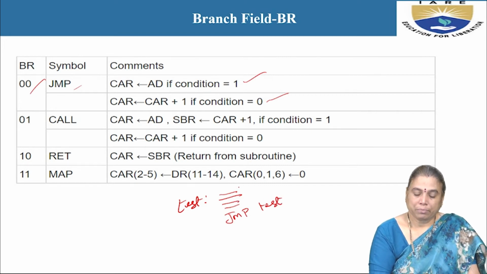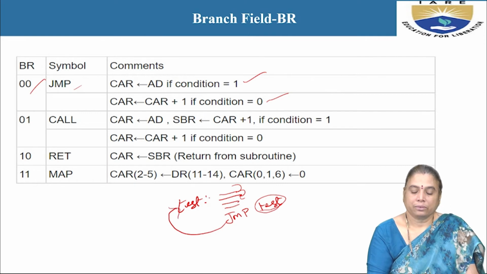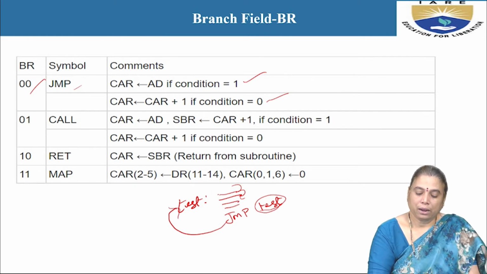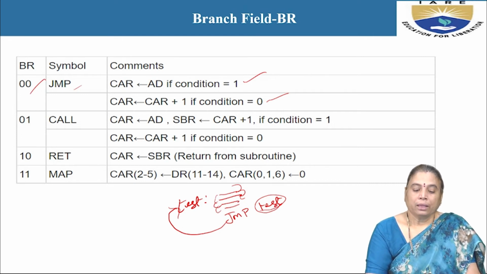Generally the program is executed one micro operation after another in a sequence. When it identifies the jump, the control is transferred to the specified label, and again from that label the program continues execution in a sequence.